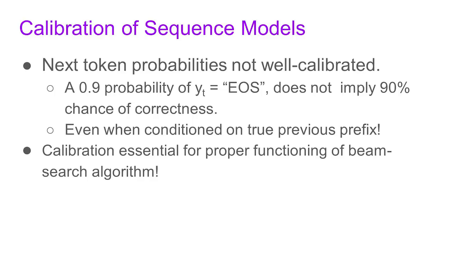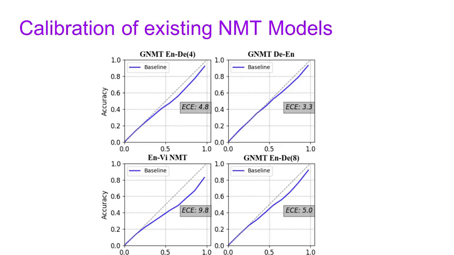Then finally, on a whim, I asked a student, hey, can we at least take a look at the calibration of these existing so-called well-trained models? There have been many publicly released pre-trained models by several researchers, say Google and Facebook. So for these existing models, we measured their calibration.